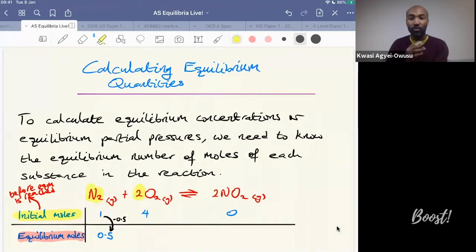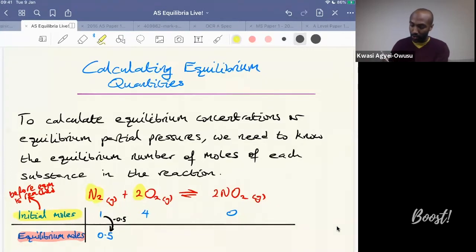So the ratio of nitrogen to oxygen is 1 to 2. That means that if 1 mole of nitrogen reacts, it will need 2 moles of oxygen. We know that only 0.5 moles of nitrogen has reacted, so 0.5 moles of nitrogen should be reacting with 1 mole of oxygen.